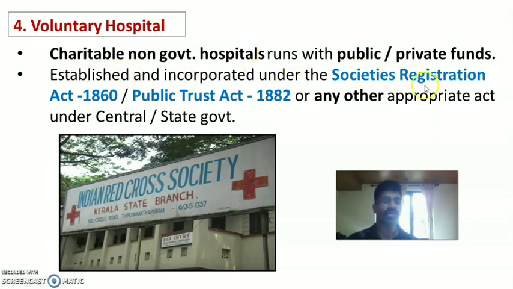So they have to register the hospital under the Societies Act, that is 1860, or Public Trust Act 1882, or any other appropriate act under central or state government, and they function with private or public funds. So this is about the voluntary hospital. They are under the voluntary health services to the citizens in our country.